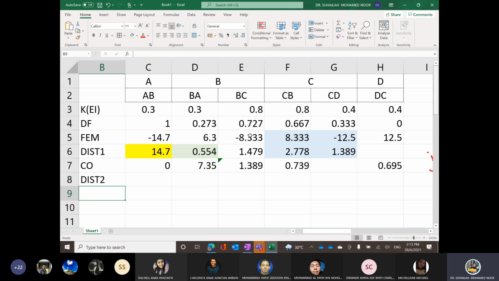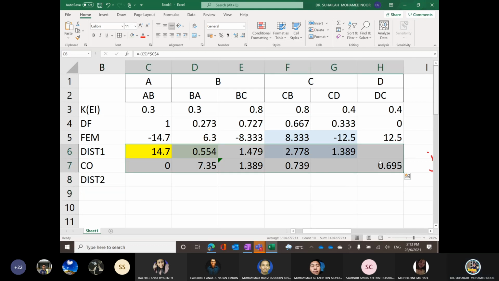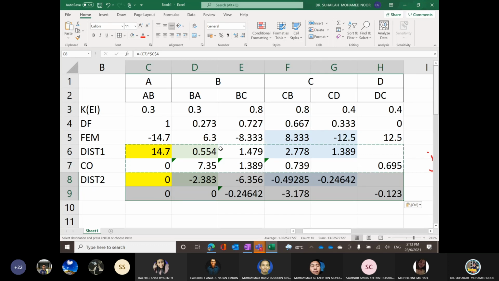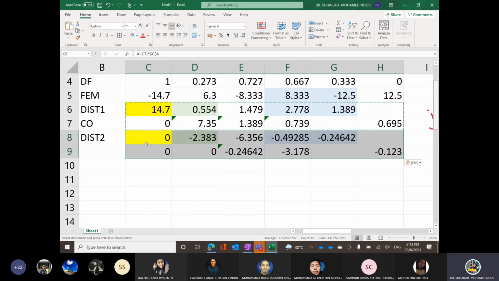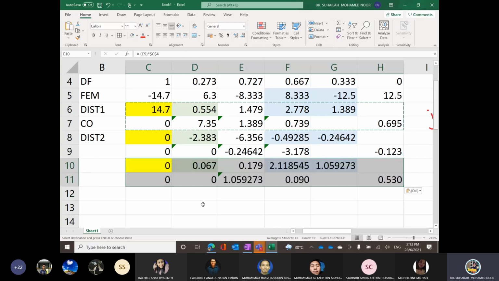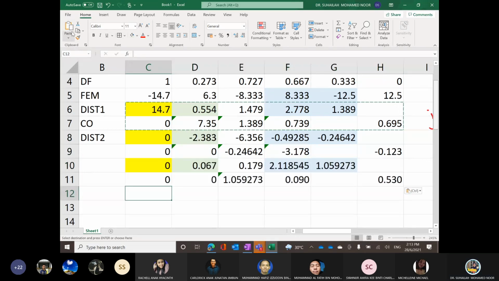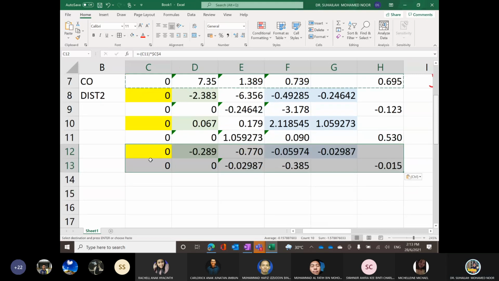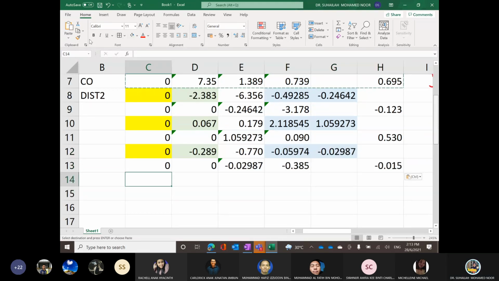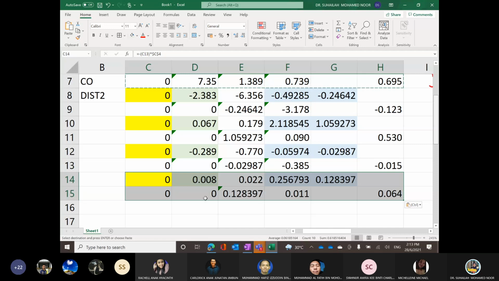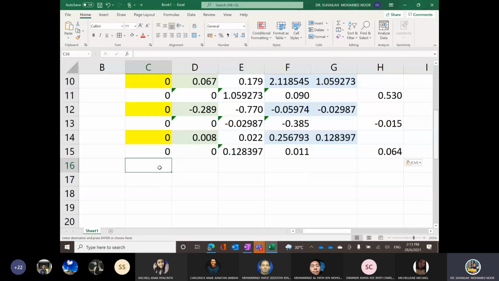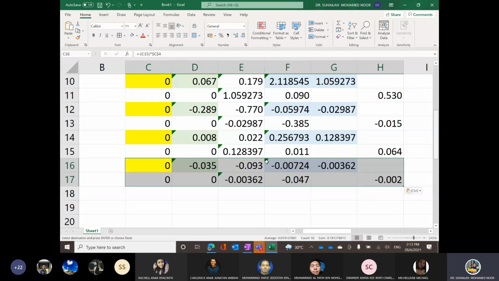I copy these two, click copy and then paste. This is for the second cycle, the third cycle, the fourth one, the fifth one, and we can also add another cycle.